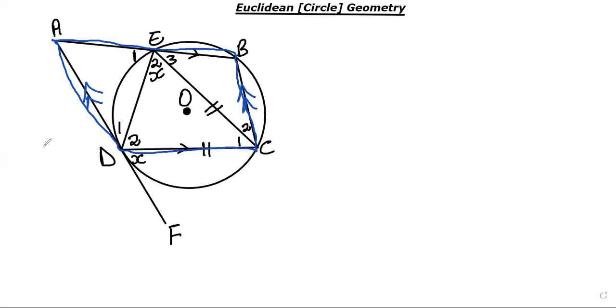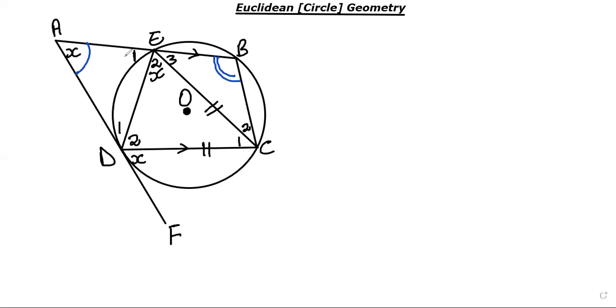So the question is, how can we prove that AD is parallel to BC? Well, either we can prove that corresponding angles are equal, alternate angles are equal, or co-interior angles are not equal, but they are supplementary. So that's what we need to do. But the easiest thing we can do is to prove that the co-interior angles are supplementary.